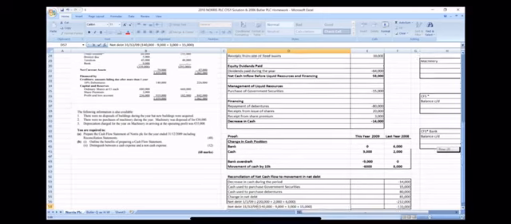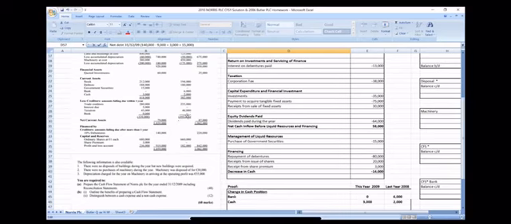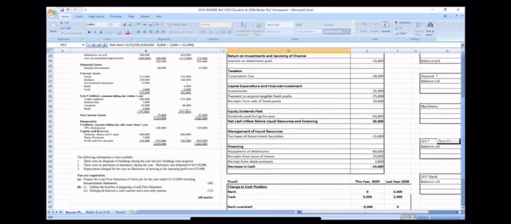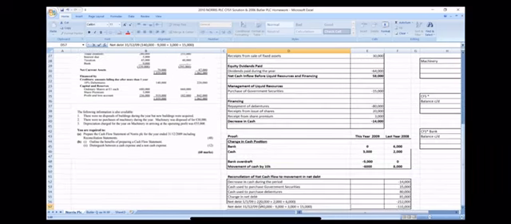Have we got any bank overdraft? No, not in that one. Have we got cash? Yes, 2 grand. Have we got bank? Yes, 6,000. Have we got a government security? No. So we put in minus 220,000 long-term loan, plus 2,000 cash, plus 6,000 bank, and you're left with minus 212,000.